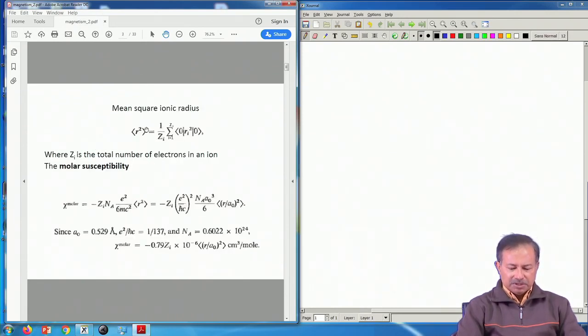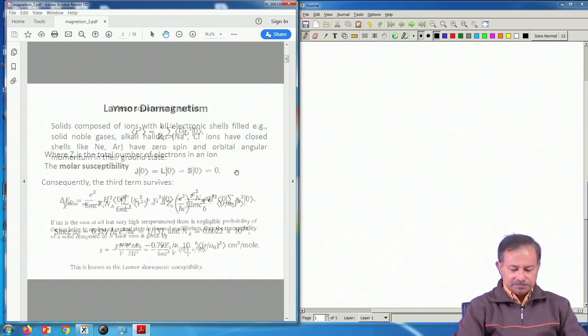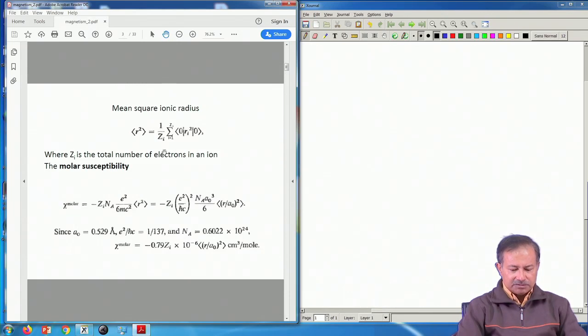Generally the r square that appears here, this x square plus y square, is 2/3 of r square in a symmetric atom. A closed shell atom is more or less symmetric. So, in that case you can replace it by its average. This is done in many cases, because it does not bring in too much of an error.